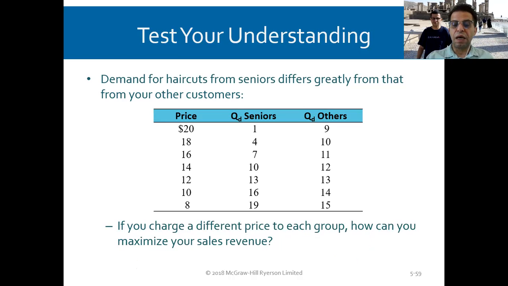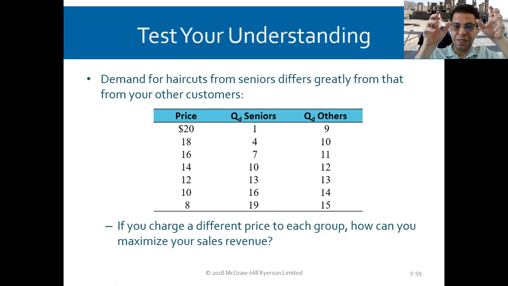But if we charge a different price to each group, how can we maximize the sales revenue? Now, instead of adding 1 plus 9, we multiply each group's quantity by its own price and add them together, and we do that for each price.